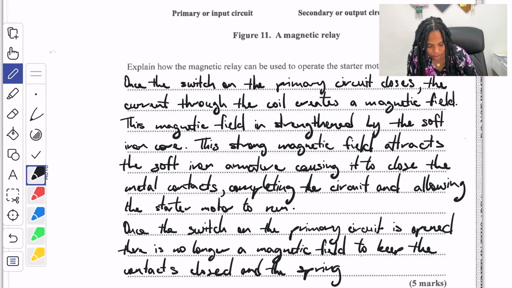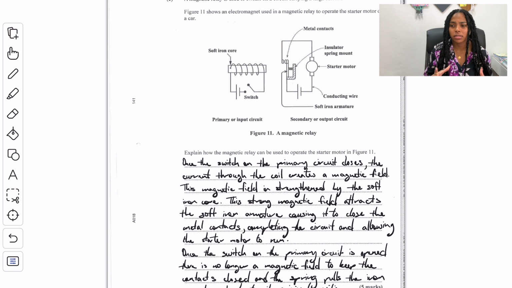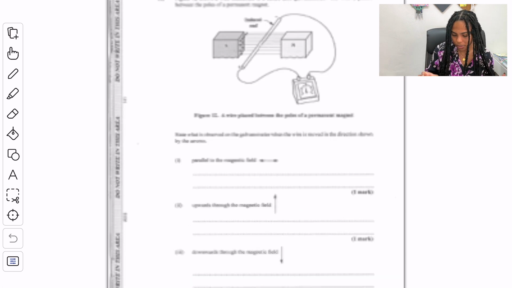The spring pulls the iron back to its original position. That's along the lines of what I would put for that.